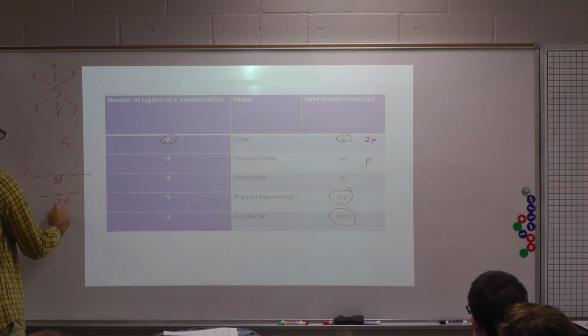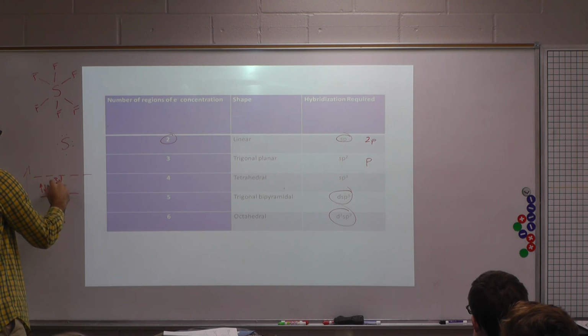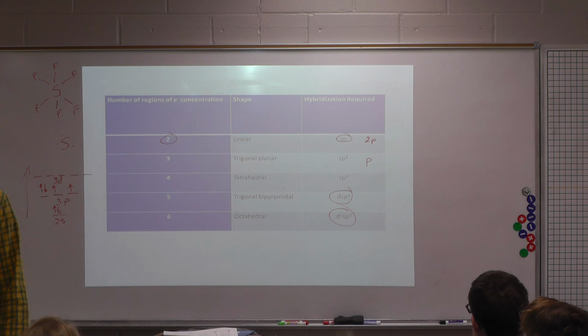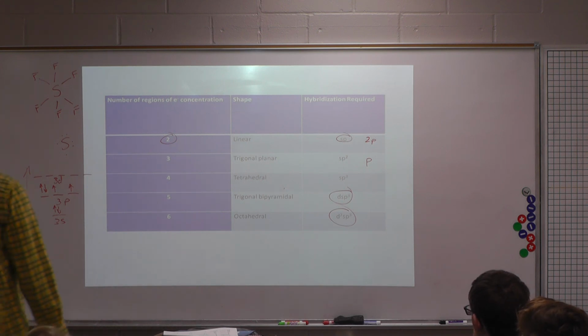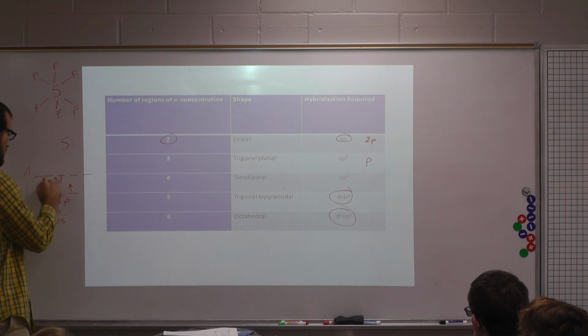So it looks like this. That's 6 valence electrons. Everybody see it? Well, this one and this one will be promoted to the d orbitals.